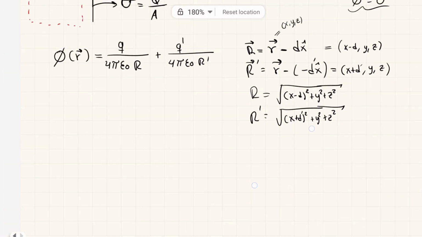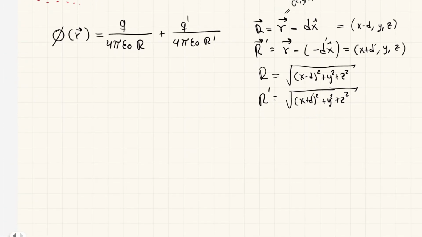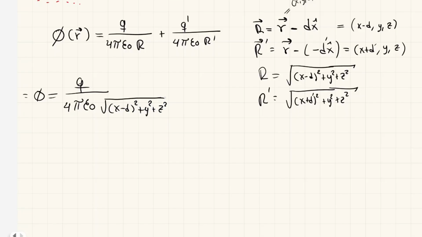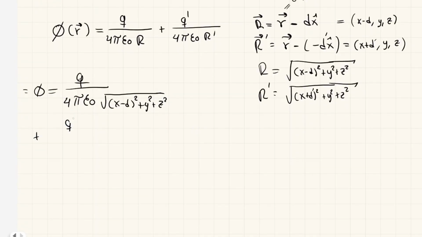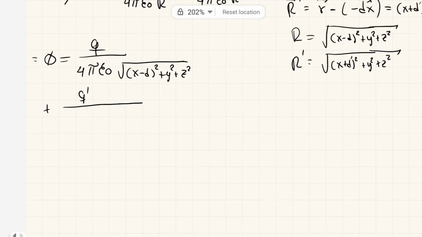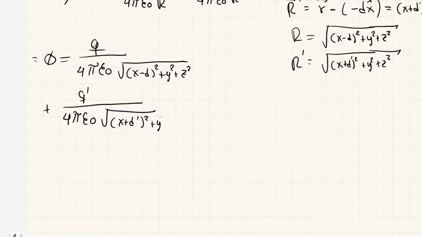Okay, perfect. So we are going to substitute that into the electric potential. We get that phi is equal to q over 4 pi epsilon 0 times the square root of (x minus d) squared plus y squared plus z squared, plus q prime over 4 pi epsilon 0 times the square root of (x plus d prime) squared plus y squared plus z squared.